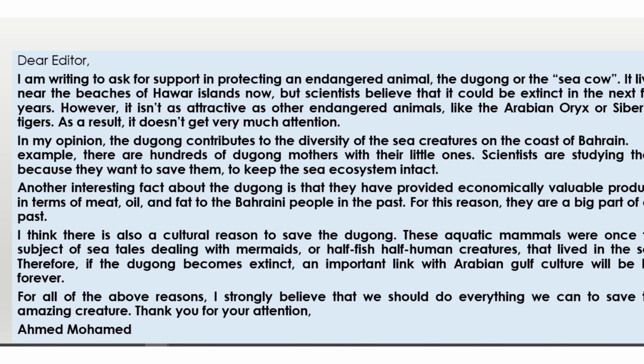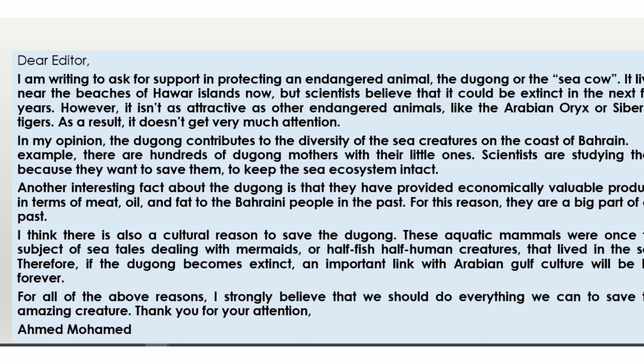It lives near the beaches of Hawaii Islands now, but scientists believe that it could be extinct in the next few years. However, it is not as attractive as other endangered animals like the Arabian oryx or Siberian tigers. As a result, it doesn't get very much attention.